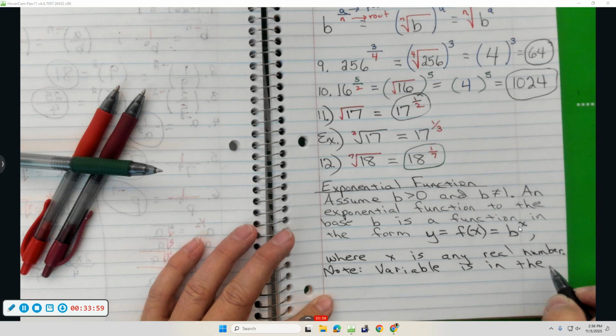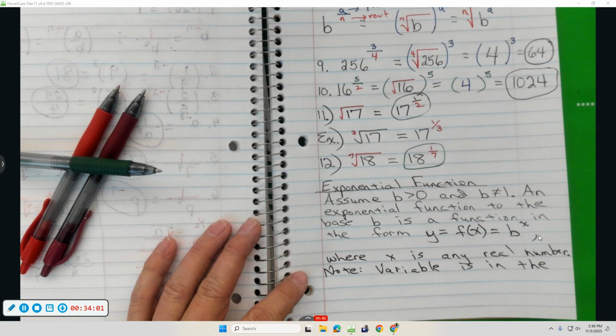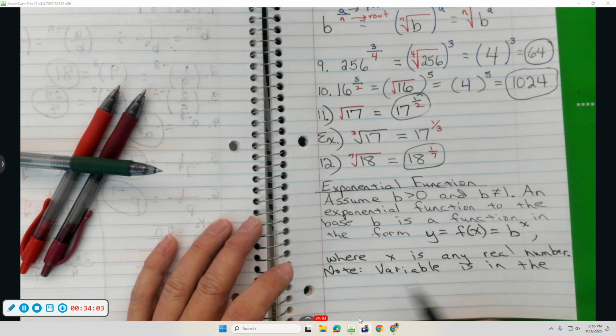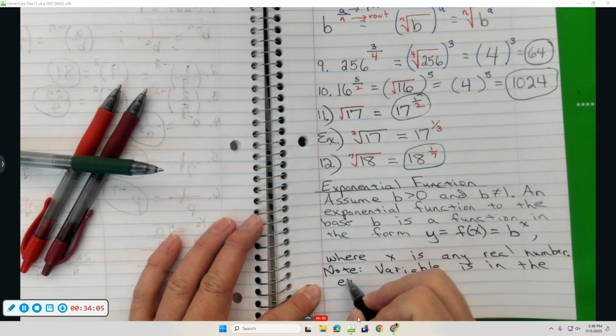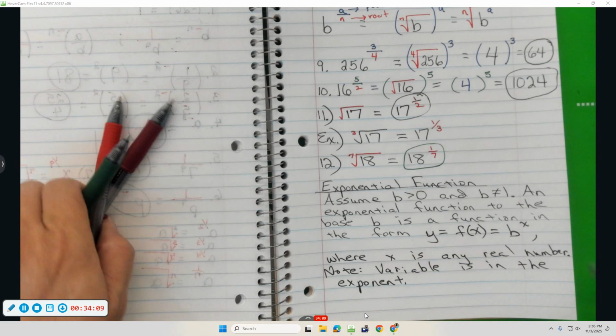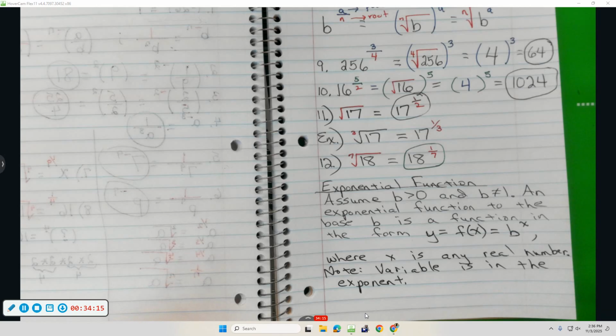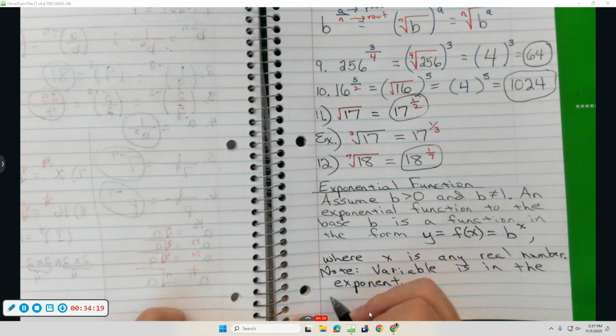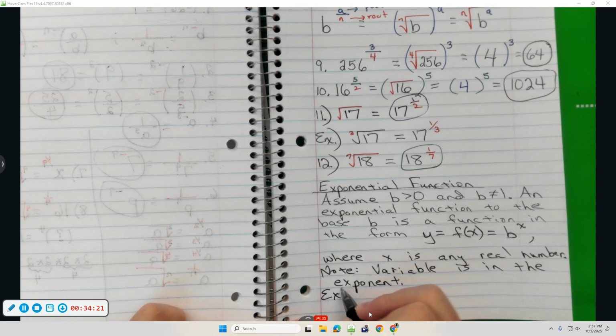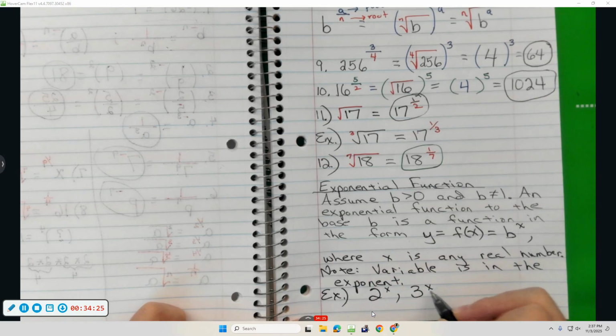Instead of x squared, we have 2 to the x or 3 to the x. The exponent may not just be a single letter x, but to be exponential, it has to contain an x. I'll make some examples of exponential expressions. I said 2 to the x, 3 to the x.